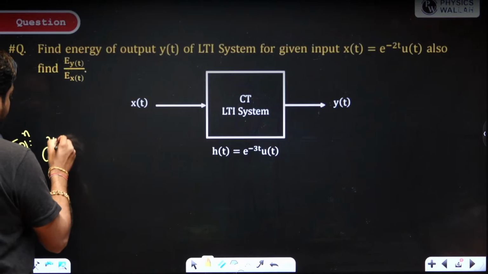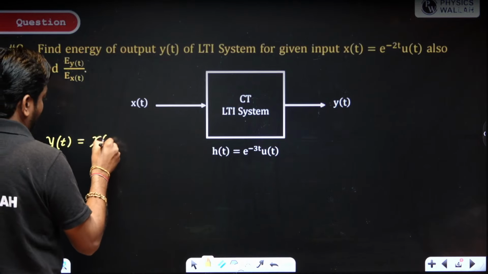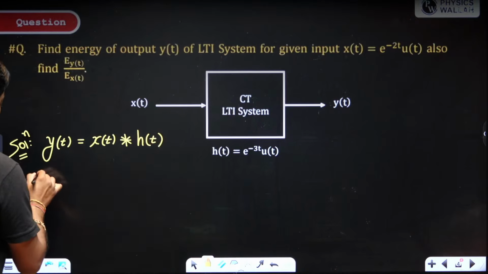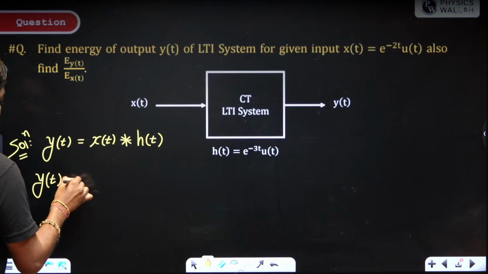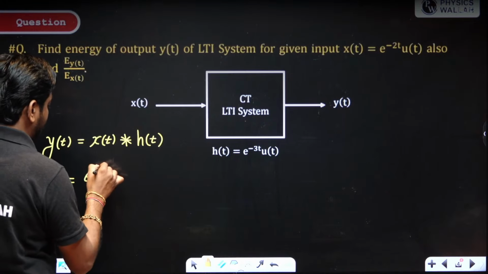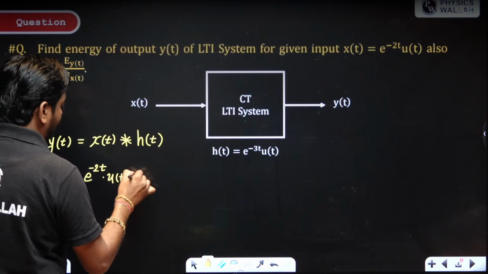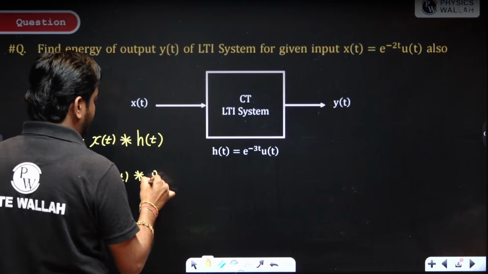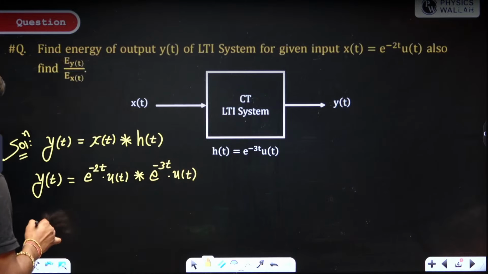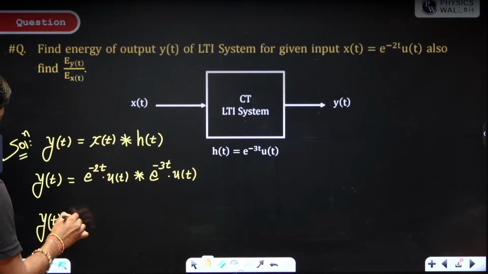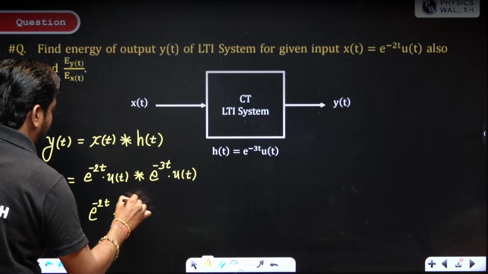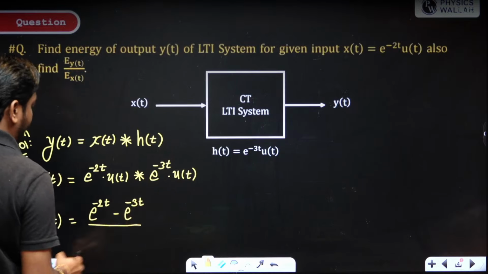So y of t is given by convolution of x of t with h of t. x of t is given, impulse response h of t is also given. x of t is e to the power minus 2t into u of t, convolution with h of t, which is e power minus 3t into u of t. We know the convolution between two exponential functions: e power minus at, that is e power minus 2t minus e to the power minus 3t, divided by b minus a.